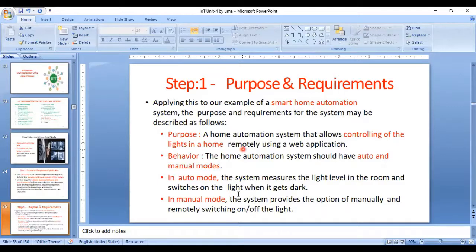In the auto mode, the system measures the light level in a room and switches on the light when it gets dark. That means when the room is dark, it automatically switches on the light. In manual mode, the system provides an option for manually and remotely switching on or switching off the light. That is the main intention for using these levels.